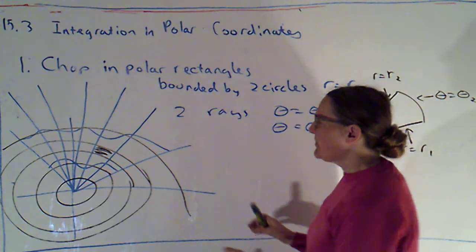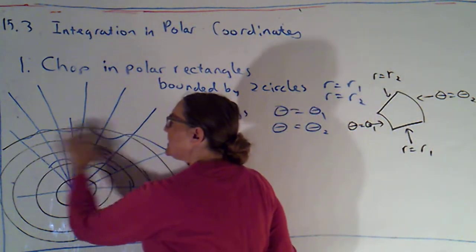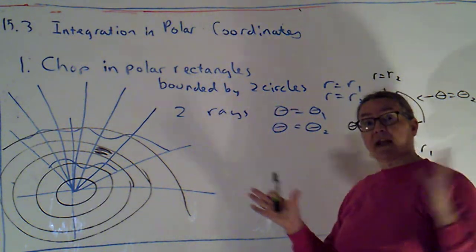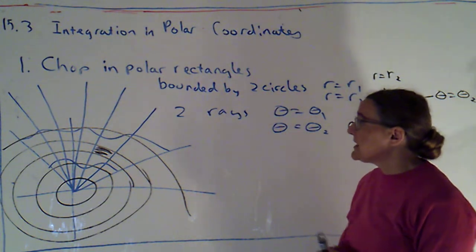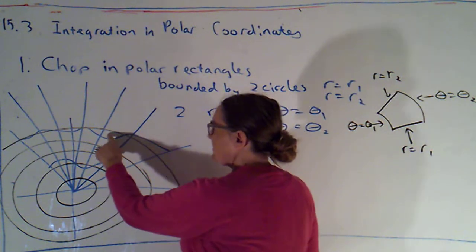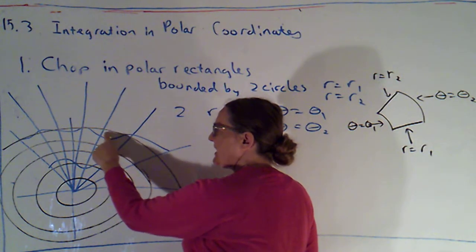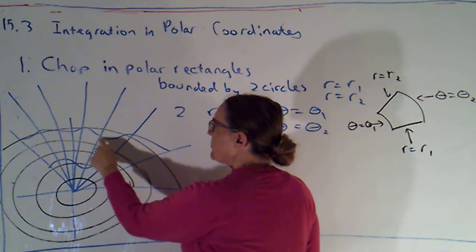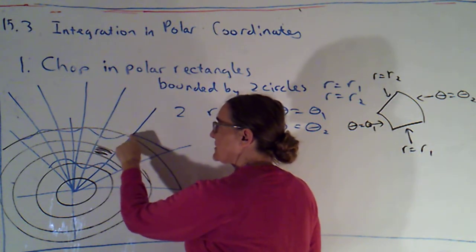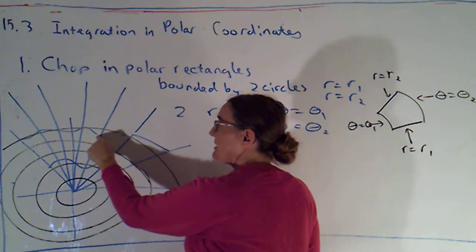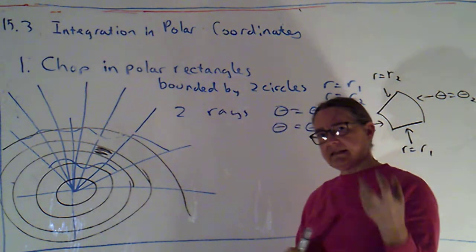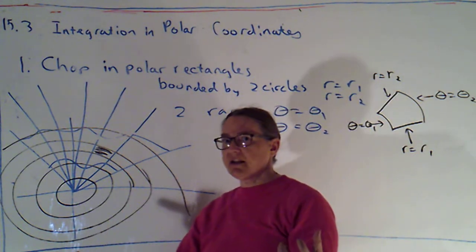Interesting thing shows up here, which is that my simple polar region might not fit perfectly when I chop it up into a bunch of polar rectangles. You can sort of see there's this little patch of area right here that is part of this polar rectangle, but was not part of the original thing, because this was my original boundary for my region D. So this polar rectangle contains some area that's in D and some area that's not in D.